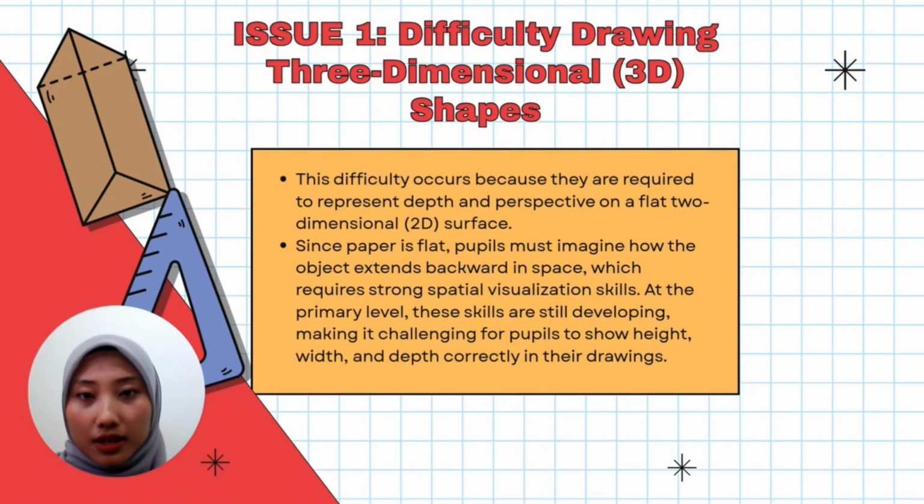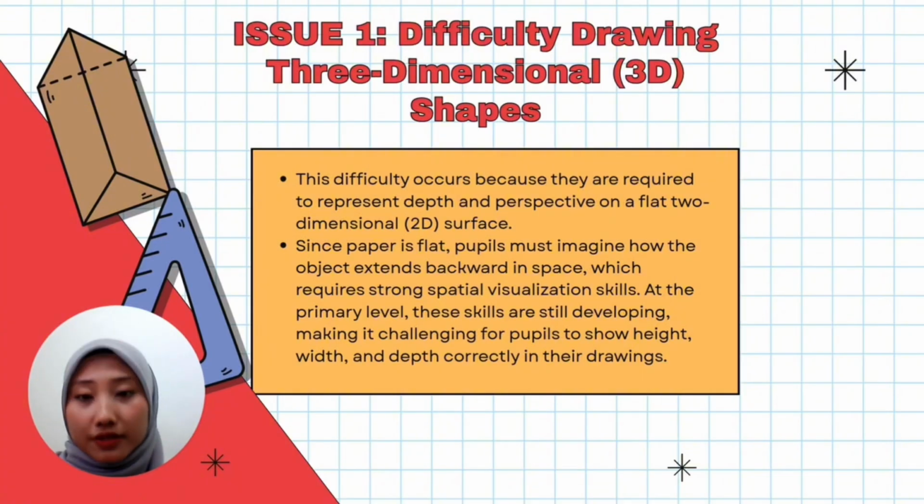According to the data, issue 1, which is difficulty drawing three-dimensional shapes, occurs because pupils are required to present depth and perspective on a flat two-dimensional surface, such as paper. When students are given paper to draw, as the paper is flat, they cannot imagine how the object extends backwards in space, which requires strong spatial visualization skills.